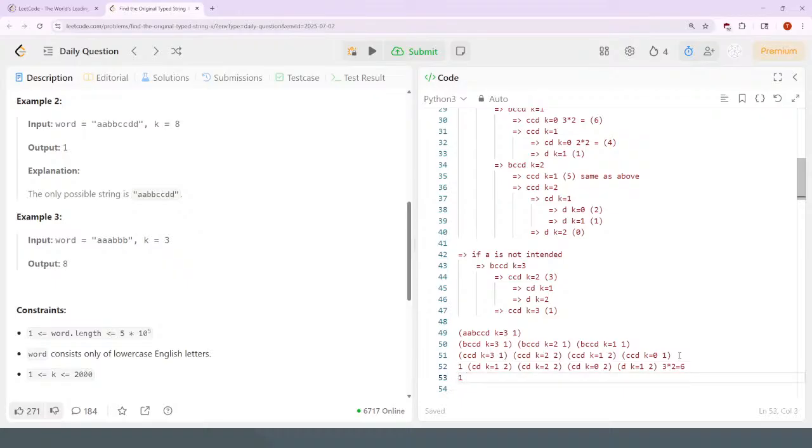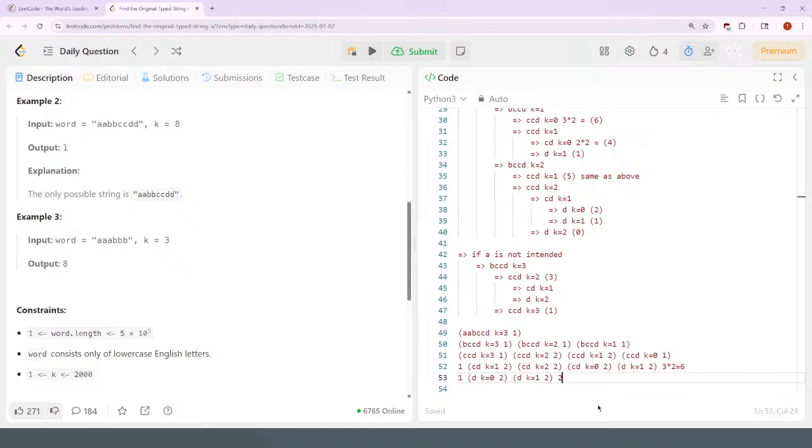Okay, so I have a 1, CDK equals 1. Alright, can I combine some of these? No. So C or DK equals 0, if that C is intended. C is not intended in this, DK equals 1. And then the second one, if this is just done already, K equals 2, 2.